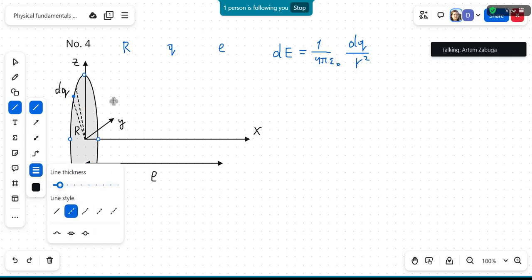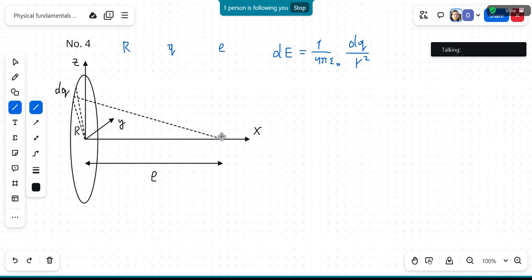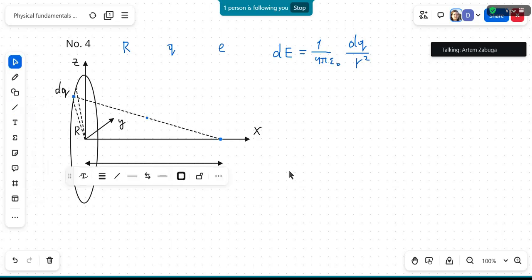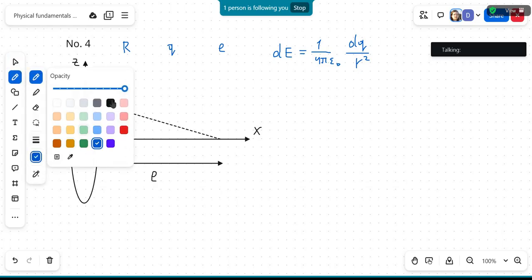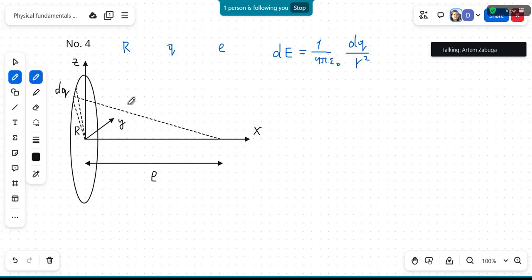I think it will be the length of this line, this one here. So this dash line is equal to r on the picture, and dE is a vector.